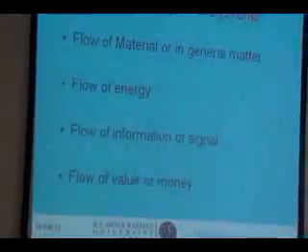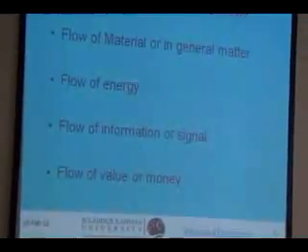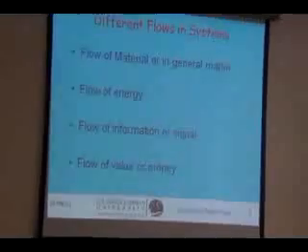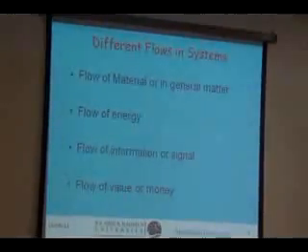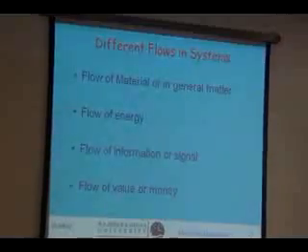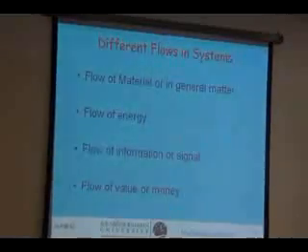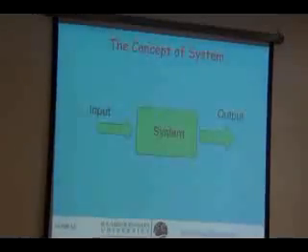Next slide please. Now there are different flows that are possible in a system. I am talking about a very general system, but these are applicable to products, assemblies and sub-assemblies also. Can we go two slides back, sir?